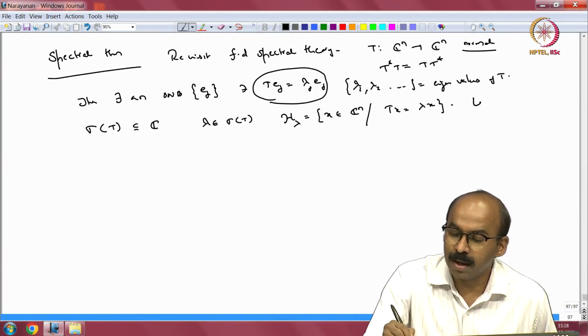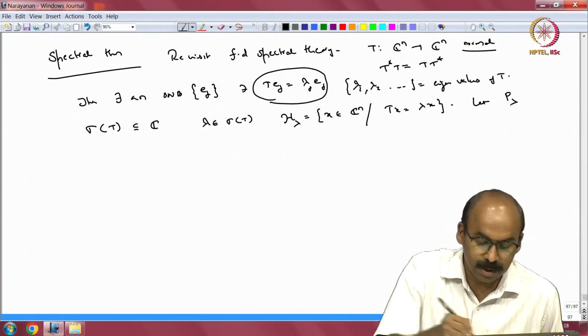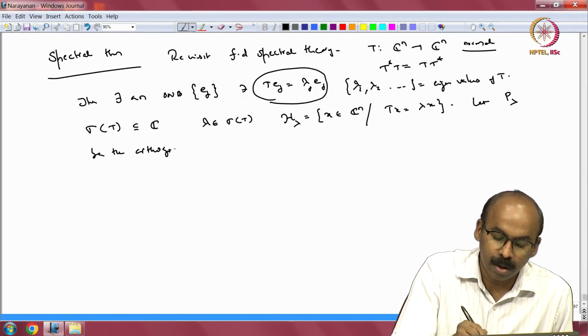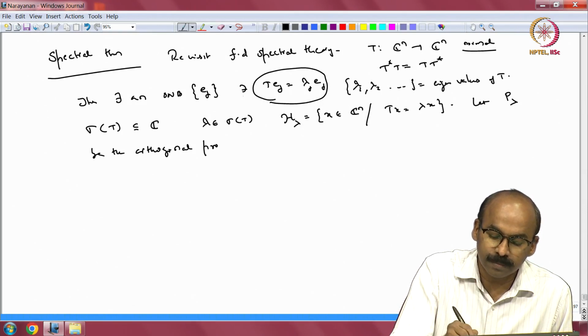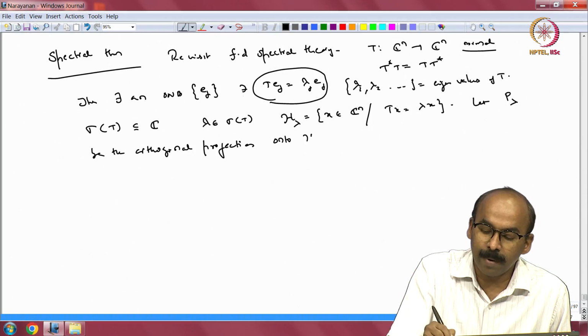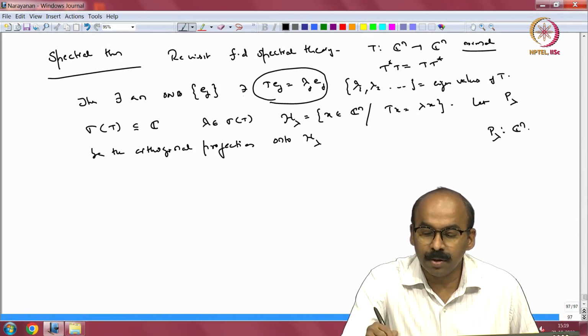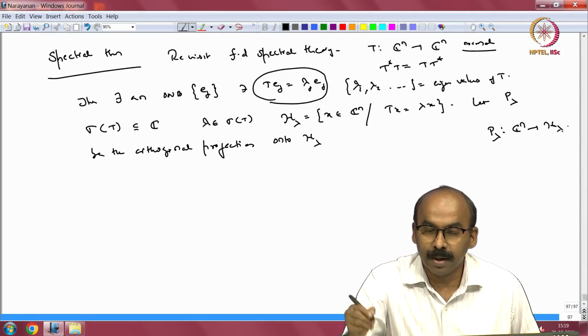Let P lambda be the orthogonal projection onto H lambda, right. So, P lambda will go from Cn to H lambda.